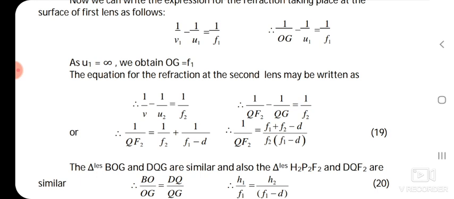The refraction at the second lens can be written as 1 by v minus 1 by u2 is equal to 1 by f2. 1 by v is nothing but 1 by QF2, and 1 by u2 is nothing but 1 by QG, so 1 by QF2 minus 1 by QG is equal to 1 by f2.